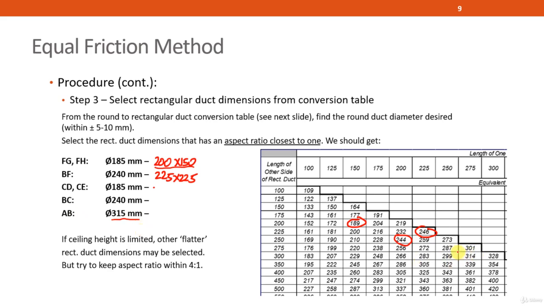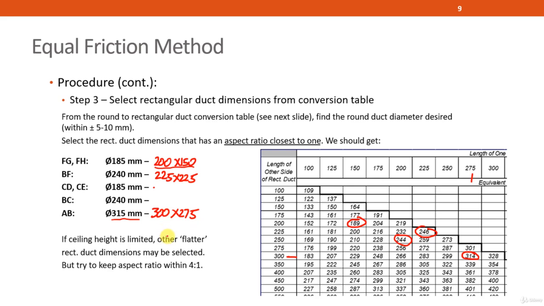So for 315 over here, there's an obvious choice. 314 is very near to the round duct diameter, and also is very near to the top. So for 314, we will take a rectangular duct of 300 multiplied by 275 mm.